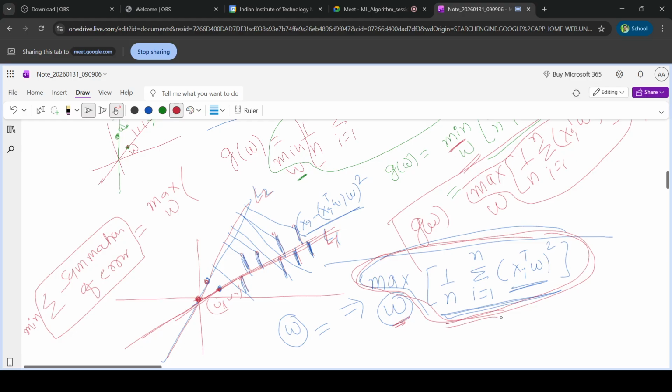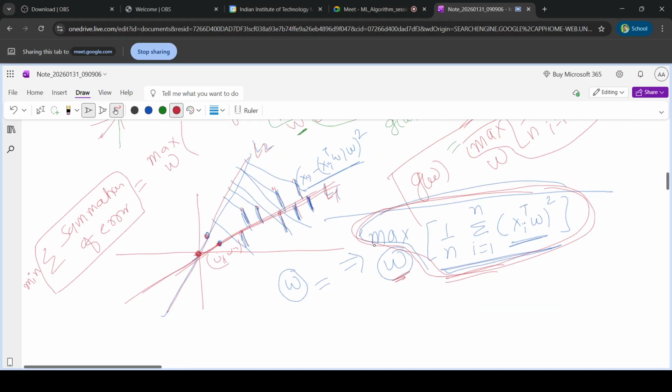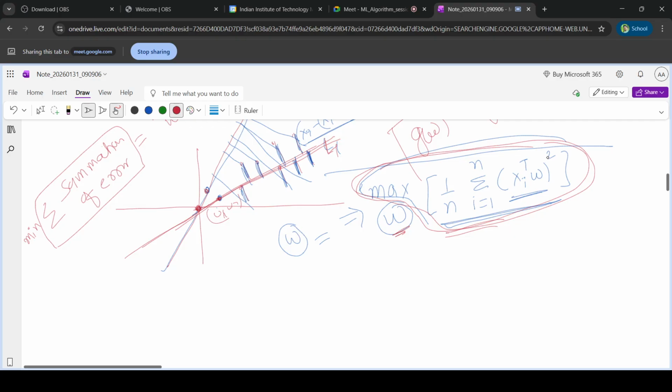Okay, so this will give you the line which is very much important, which gives you the trend of the situation, what is the best trend going on in your data. So this is something you want to do, and this still has the square term.